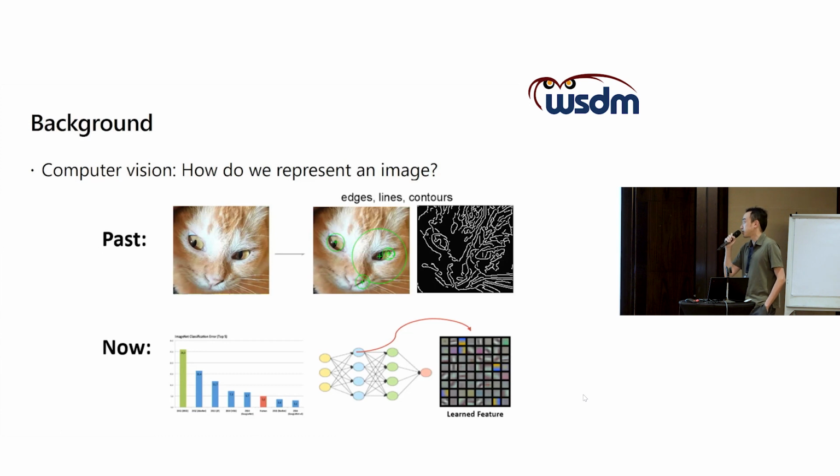In the past, researchers focused on handcrafted feature extraction to tackle this problem. For example, one can utilize the edge or line descriptor to describe the image information. And then we can utilize this feature descriptor for different kinds of computer vision problems.